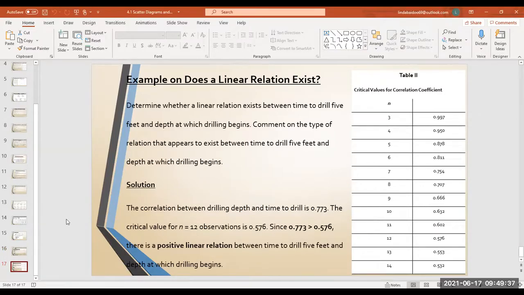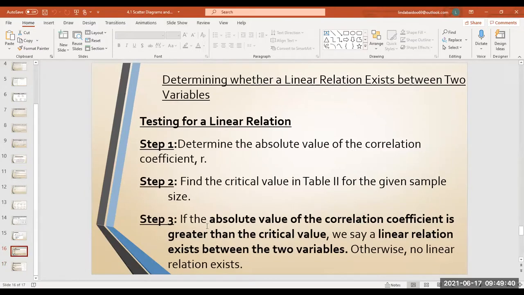Then you consider your R, which you had already solved. If the absolute value of R is greater than the critical value from the table, then we say that a linear relation exists between the two variables.